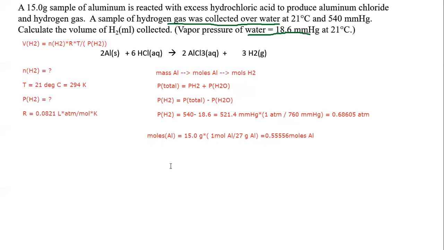Now that we've found the moles of aluminum, we can use stoichiometry to find the moles of H2.